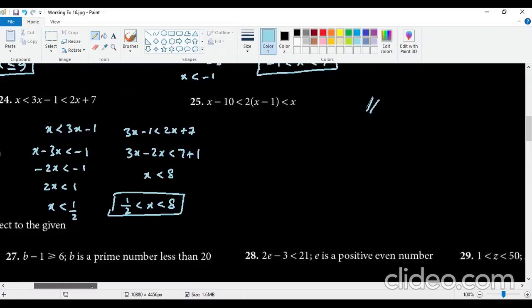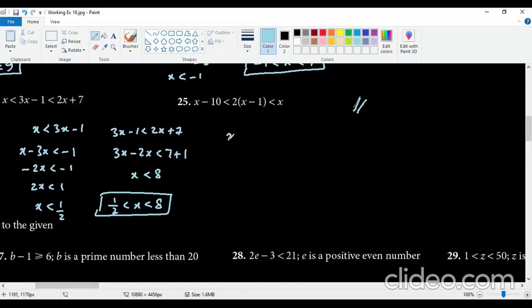Moving on to the next one, question number 25. It says x minus 10 is less than 2x minus 2. This is the first part. And the second part is saying 2x minus 2 is less than x. So this is going to give us x minus 2x less than minus 2 plus 10. So this is going to give us minus x less than plus 8.